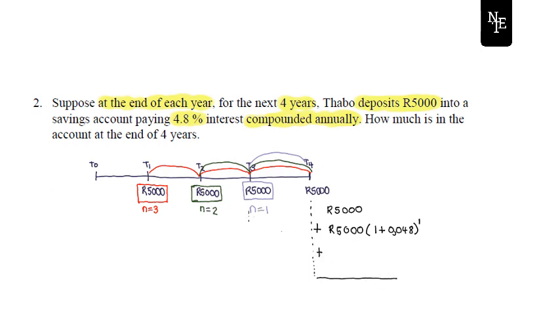Then we also have to add to that the 5,000 Rand before that, and that's going to have its own interest.